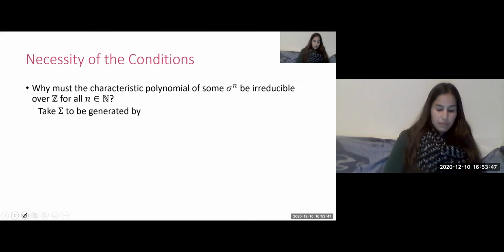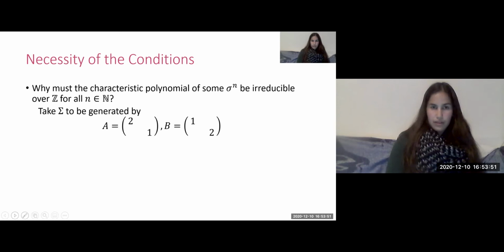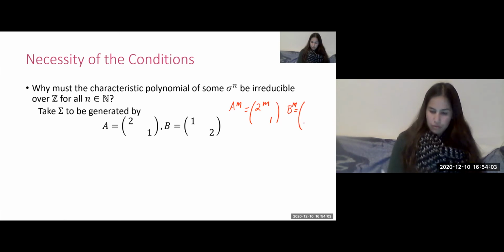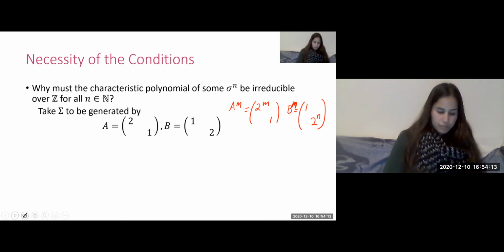Let's take Sigma to be generated by these two matrices. These are clearly multiplicatively independent, because A to the m is going to be equal to 2 to the m, 1, and B to the n is 1, 2 to the n, and these two can never be equal to each other. So they satisfy condition 1.